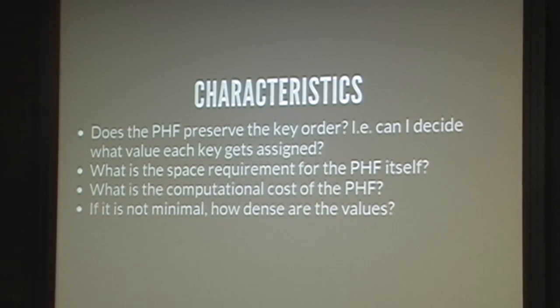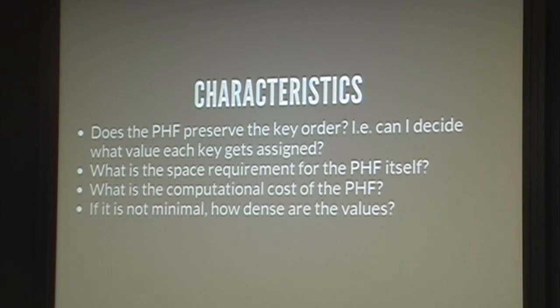There are some important characteristics different perfect hash functions can have. So one interesting property is: do they preserve the key order? This basically means I have an ordered set, and the hash function will map to integers in the same order. Or in other words, I can instruct the hash function which specific mapping I want to have.